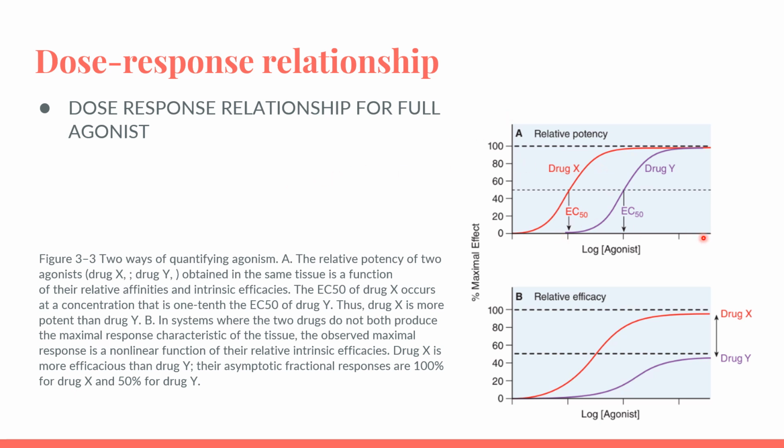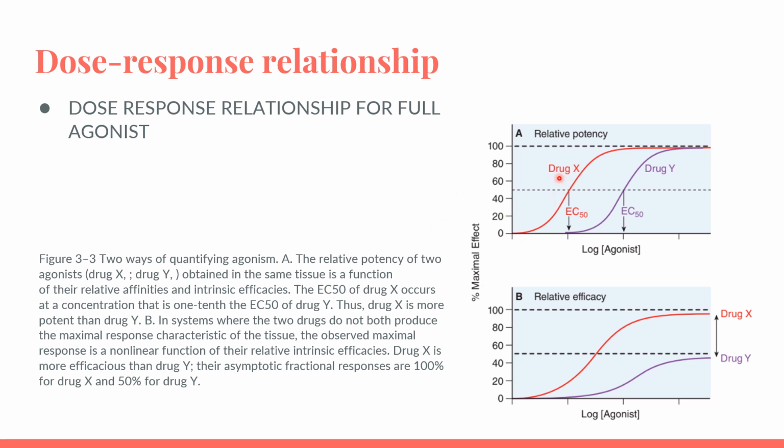If we look closely at this, we see two drugs, drug X and drug Y. Drug X is being administered at increasing concentrations, and the same goes for drug Y. Now, if we take this point here, we call it the EC50, the effective concentration 50. This means that this amount is the amount needed of drug X to obtain 50% of the maximal effect.